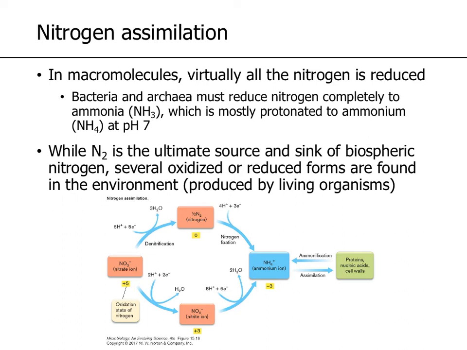So it's very specific what bacteria has the enzymes to do which ones, and so whether it can take the nitrogen gas or whether it's taking nitrite or nitrate, that's going to depend on the bacteria and the enzymes that it has. But again, we're going to just talk about what happens in the form of the nitrogen gas.